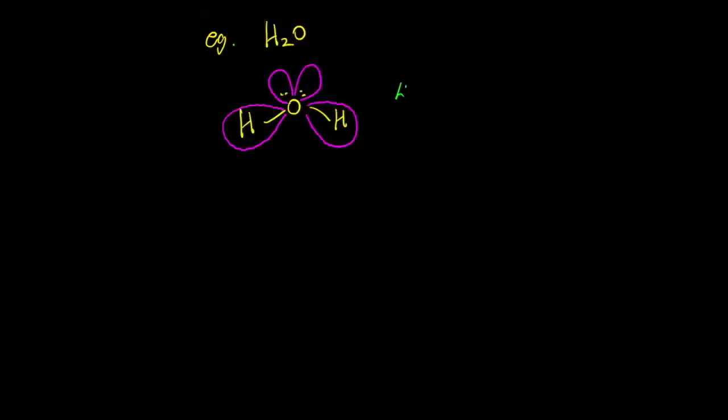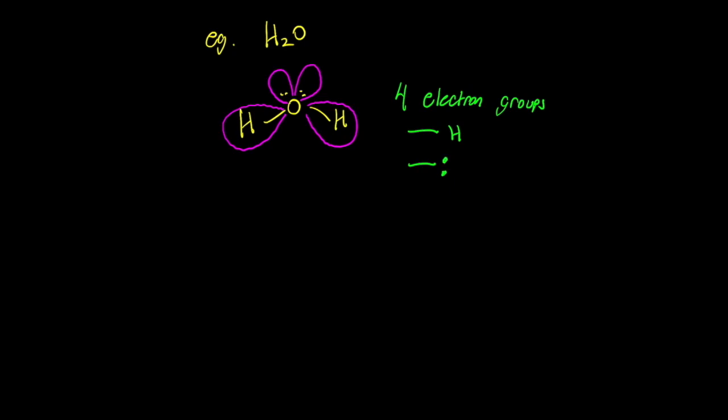Okay, so this has 4 electron groups. Okay, remember, a group can be a bond to a hydrogen, or it can be just a lone pair. Sometimes we draw a line to a lone pair. I kind of like how the book does that.